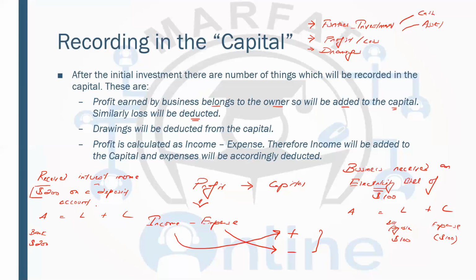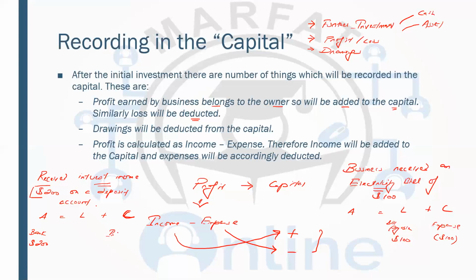Similarly, this interest income is actually the income for the business. And I told you that profit is added to the capital and profit is calculated as income minus expenses. Expenses will be deducted as we have seen in the case of the electricity bill. And now this is the income which will be recorded under the capital, and this will be added to the capital.